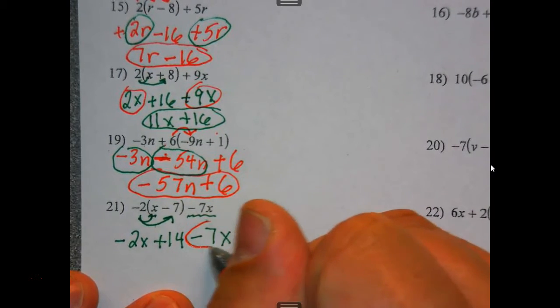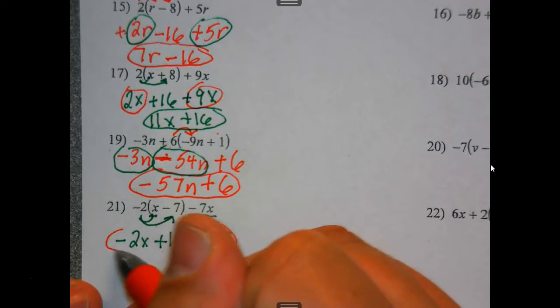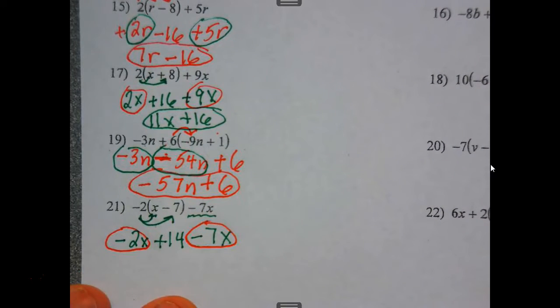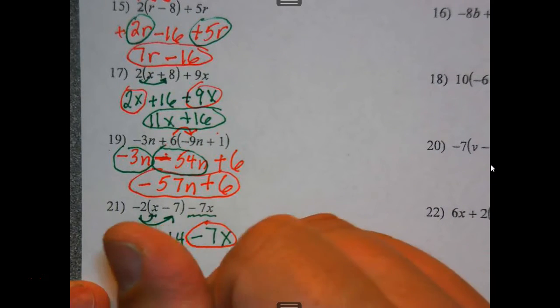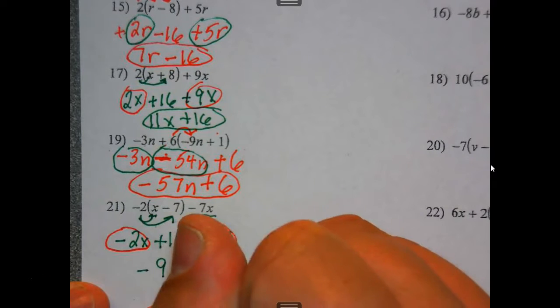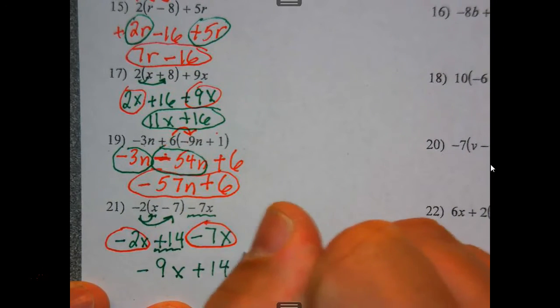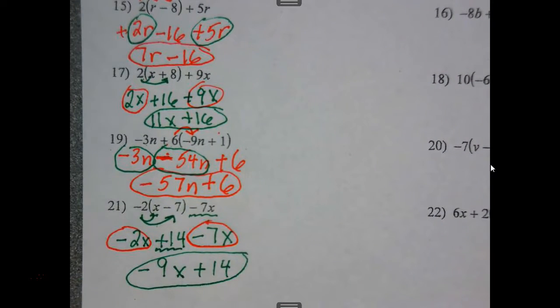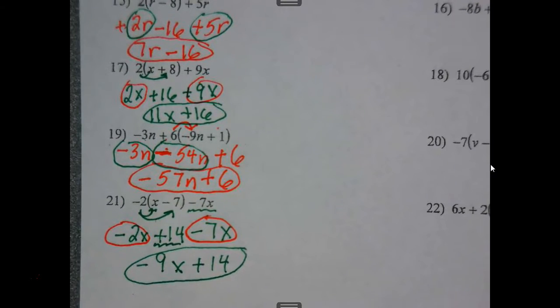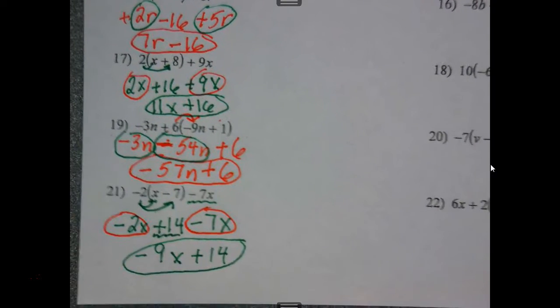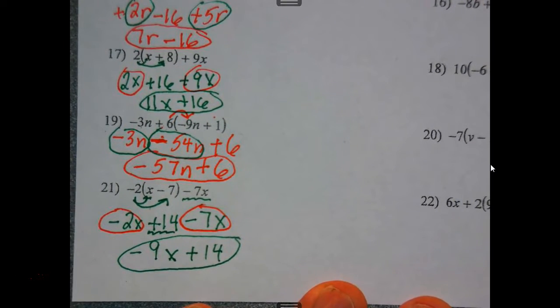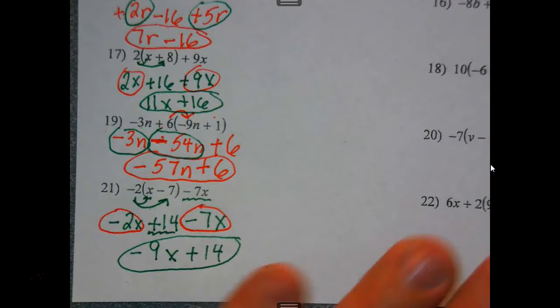I have a minus 7x and a minus 2x. Negative 9x plus 14. Okay, hopefully it'll be pretty easy for another week.